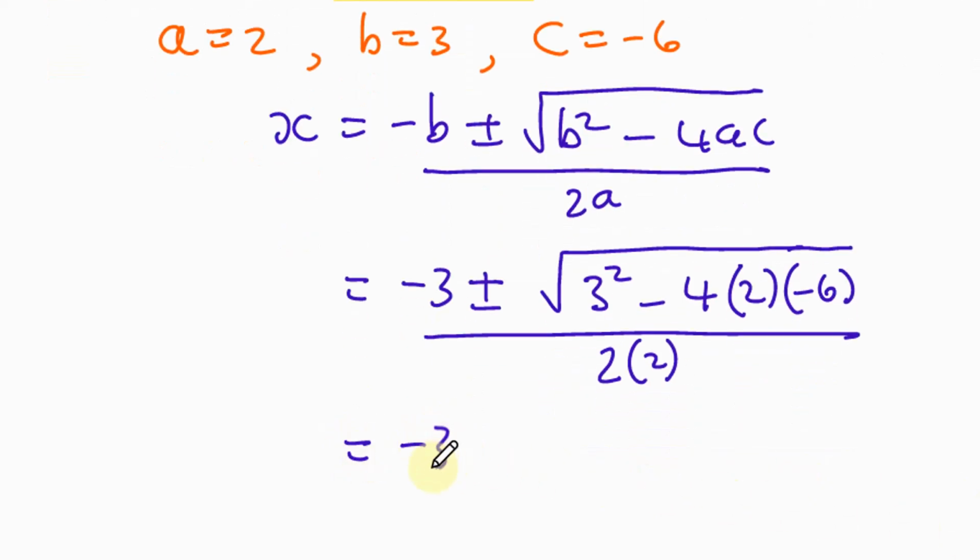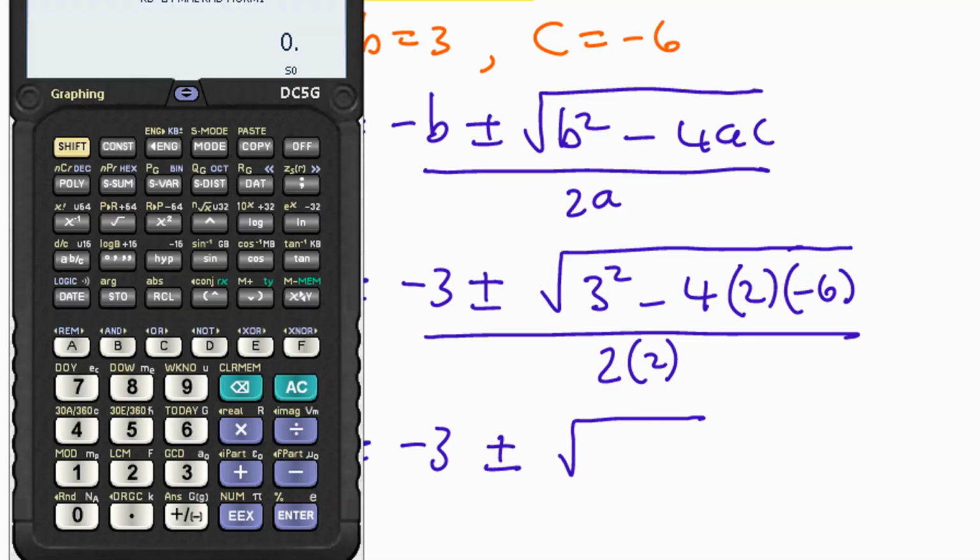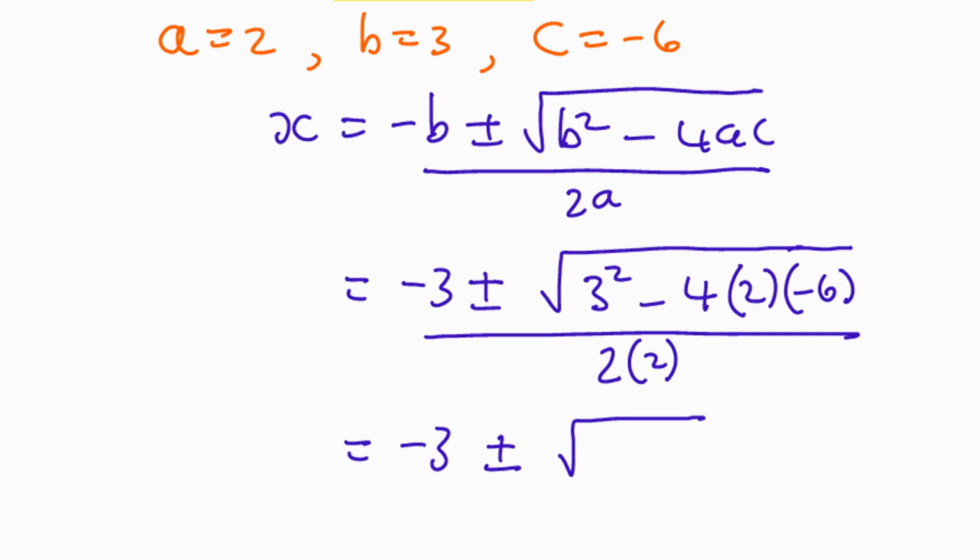We can first work out what's under the square root, and we can use a calculator for that. So we have 3 squared, which is 9, minus 4 times 2 times negative 6. And that's 57.